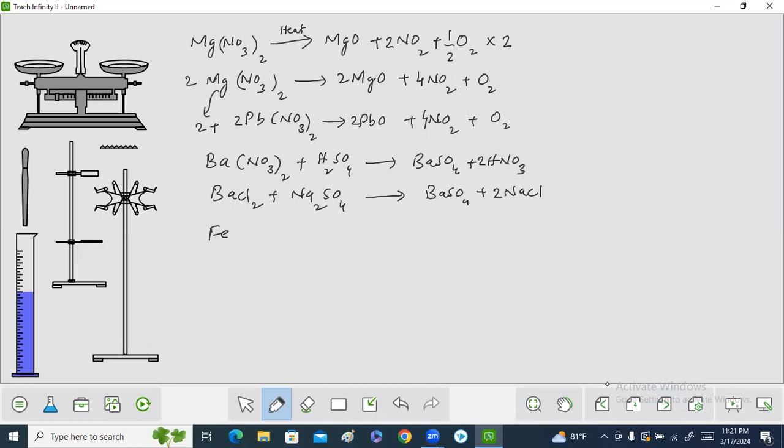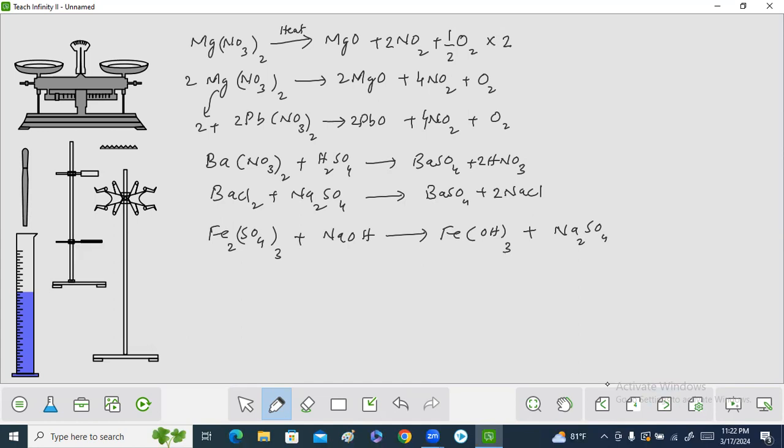Now there is another equation in which iron 3 sulfate, if it reacts with sodium hydroxide, we will get a red-brown precipitate of iron 3 hydroxide and then sodium sulfate.